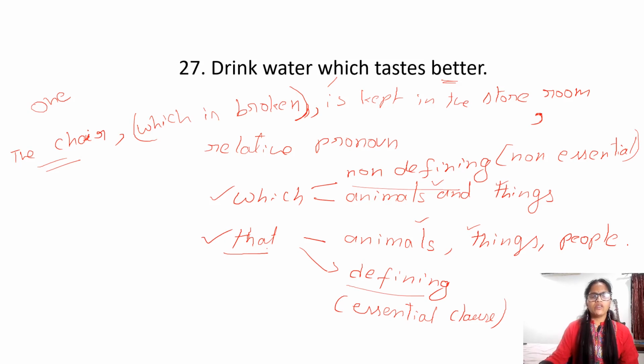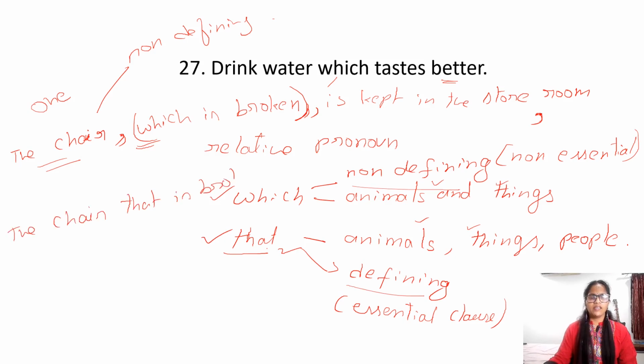So we call it a non-essential or non-defining clause. Now how to identify whether it is defining or non-defining? Use of comma. Comma is used in a non-defining clause. If there is no comma, it is a defining clause. In such a case we have to use that. So here the chair that is broken is kept in the storeroom.